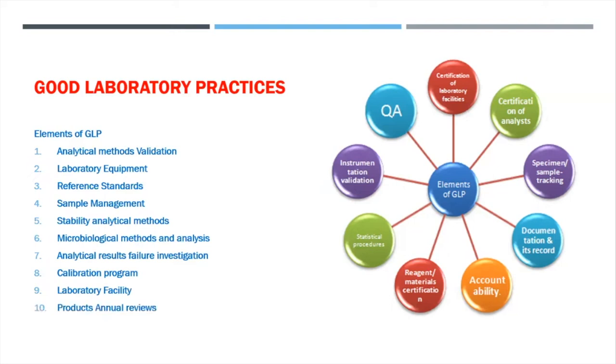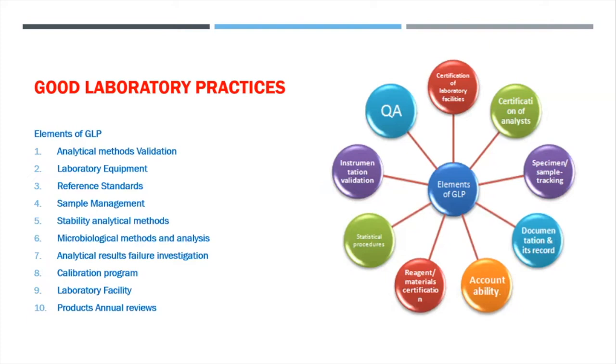And products annual reviews. When you keep making the same product every time, and you keep testing them, you become very much used to it. And then deviation starts taking place, maybe subconsciously or unknowingly, and we do not consider that any kind of deviation is happening in the process or anywhere.